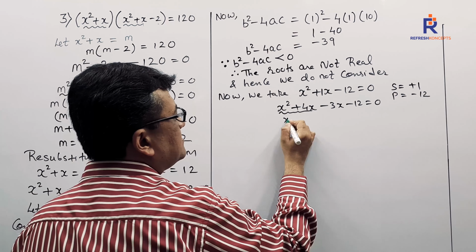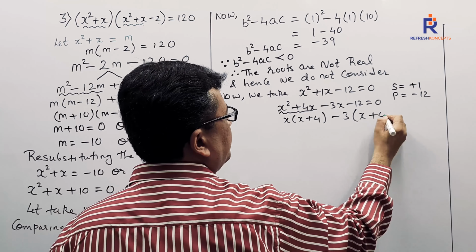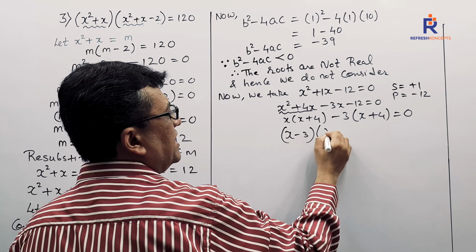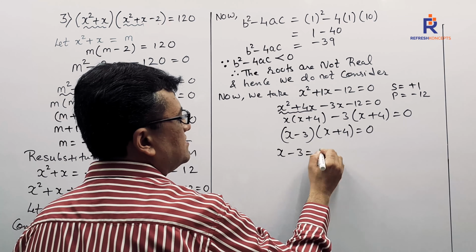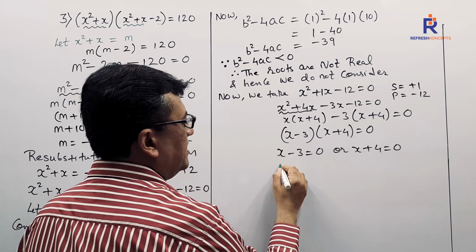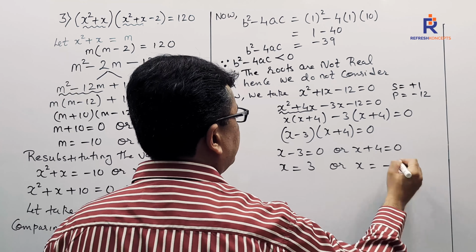Common, x plus 4 minus 3 times x plus 4 equals to 0. X minus 3 times x plus 4 equals to 0. X minus 3 is 0, or x plus 4 equals to 0. X equals to 3 or x equals to minus 4.